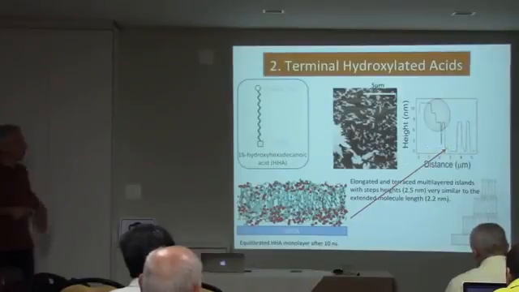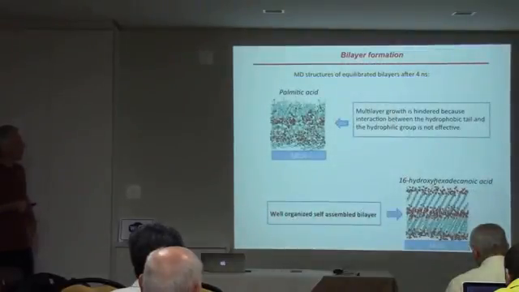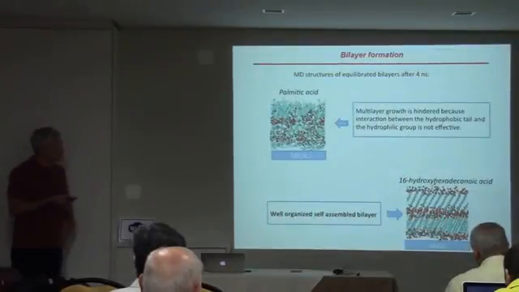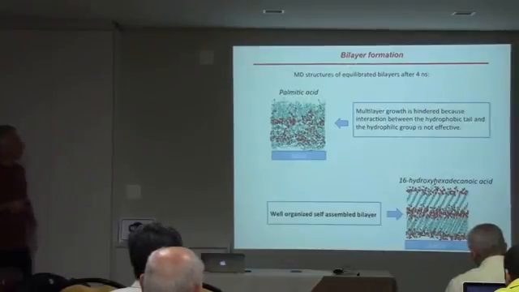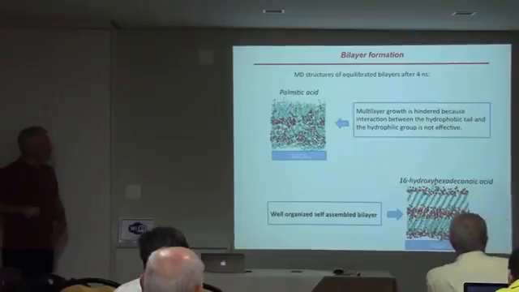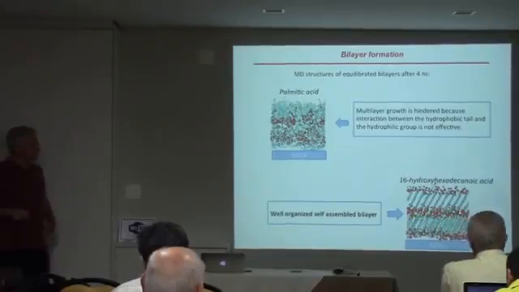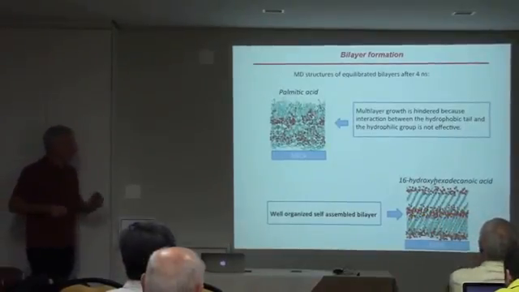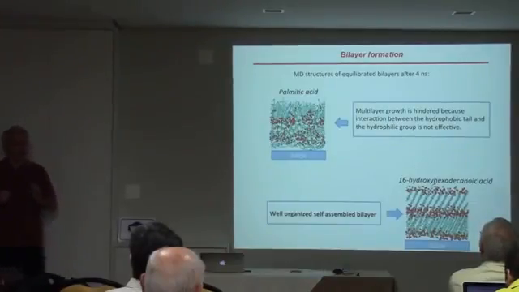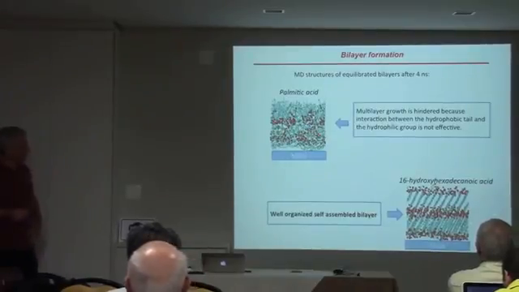Because of the height, the molecules form very uniform structures, differently from the palmitic acid. The multilayer structure can also be seen from the simulation, and it is not formed for the palmitic acid. They are very effective for this second molecule with the hydroxy group. The hydroxy group in the terminal position interacts effectively with the carboxylic group coming from the second layer, forming these nice structures.